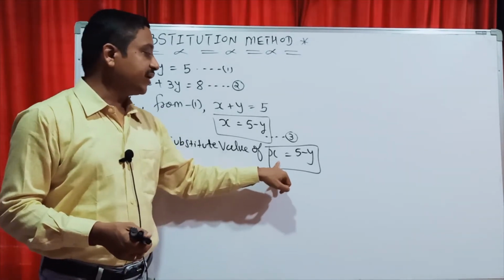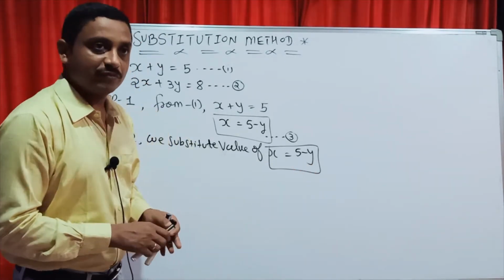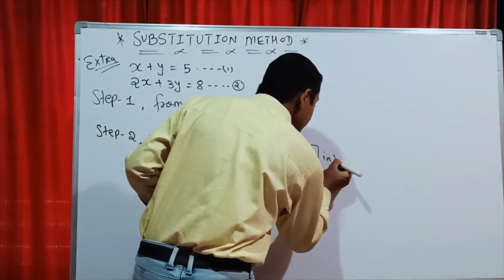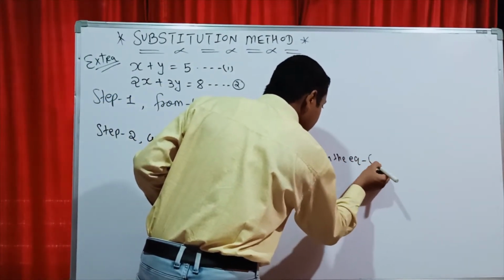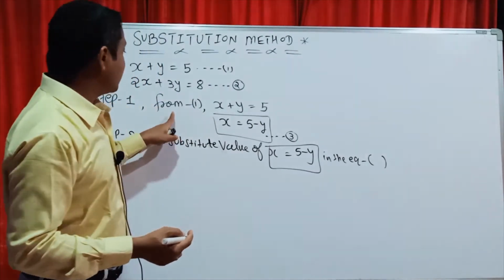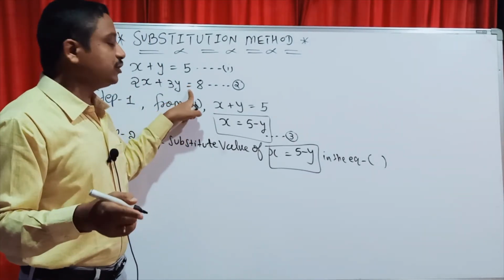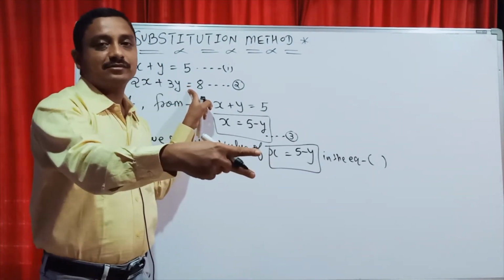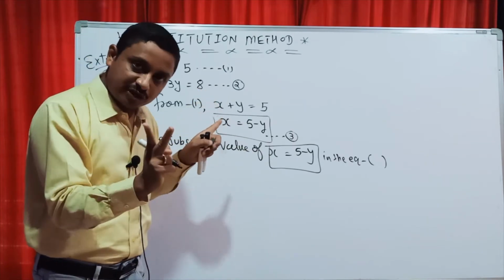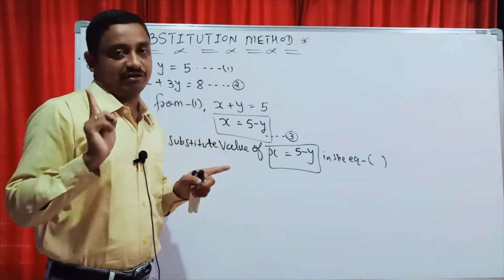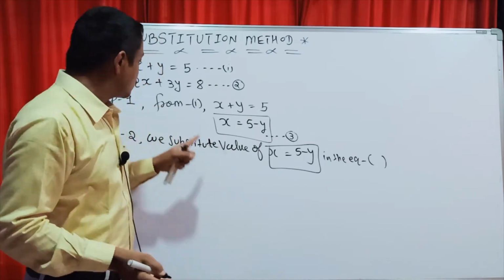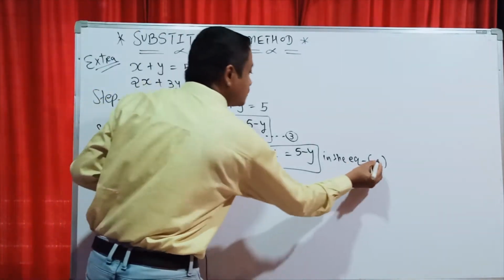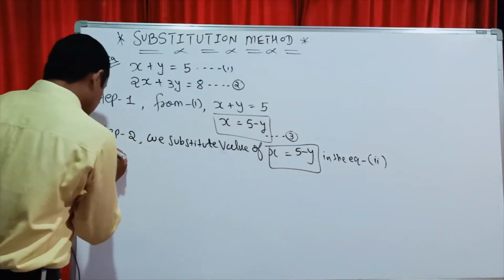We substitute the value of x is equal to 5 minus y in the equation. This is the main turning point. You started from the first one, so substitute in the second equation. And if you started from the second equation, substitute in the first equation. That is the main method. So here I start from the first, so substitute in the second. So here from 2.